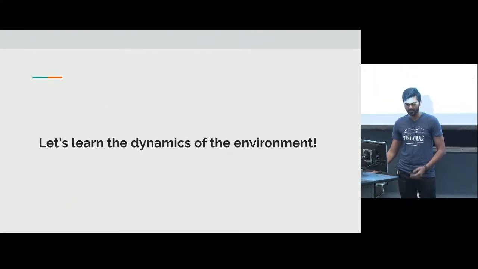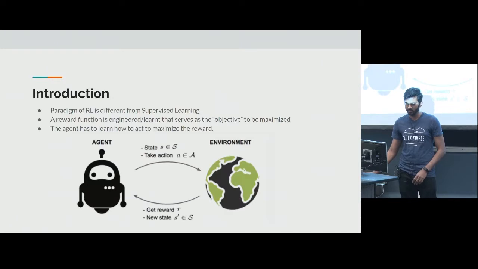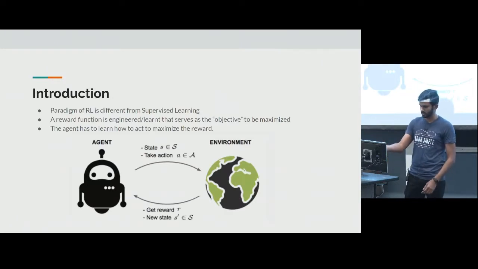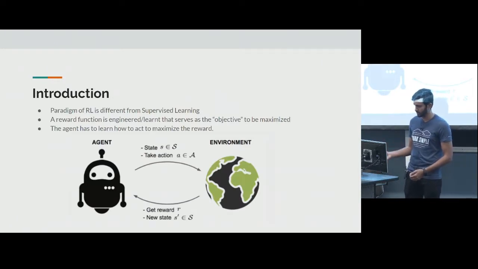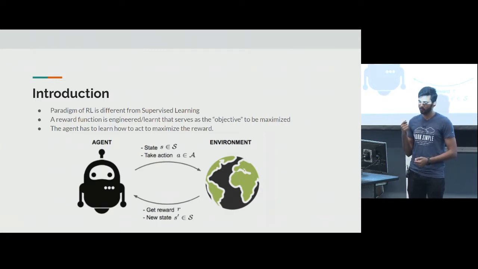So let's learn the dynamics of the environment, which is this picture of the Earth here. By dynamics, I mean that when you're in a particular state and you take a certain action, what state do you end in, and with what probability?